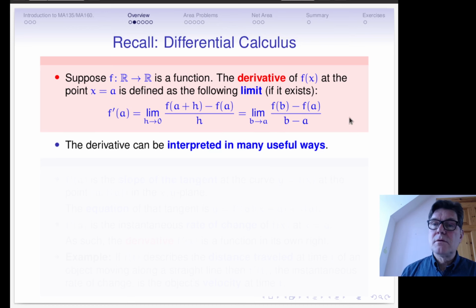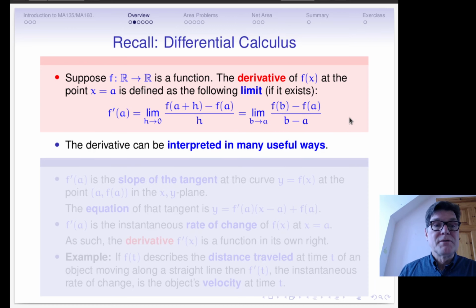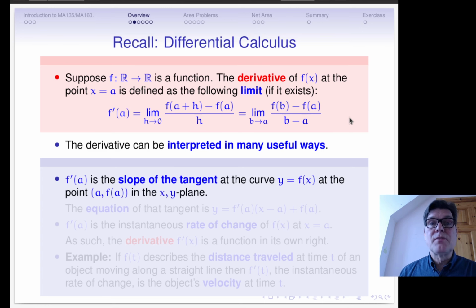We've seen there that the derivative can be interpreted in many useful ways. For example, f prime of a can be seen as the slope of the tangent at the curve y equals f of x at the point a, f of a in the xy plane.